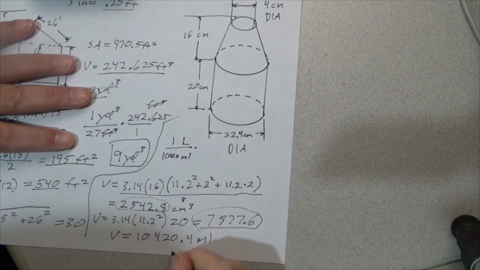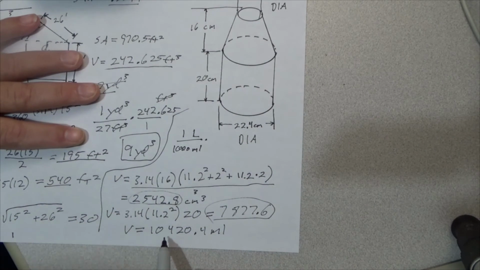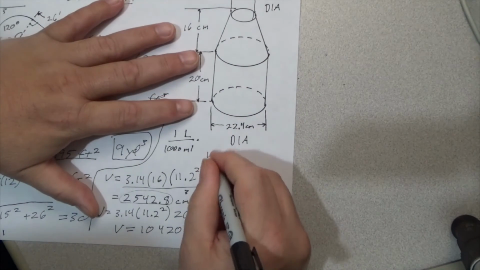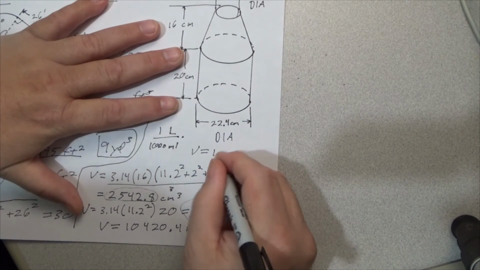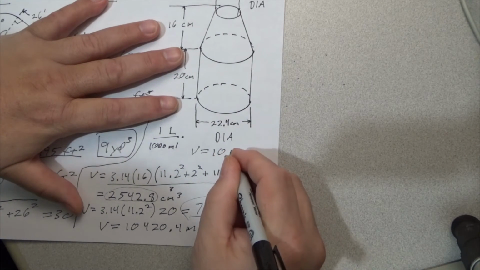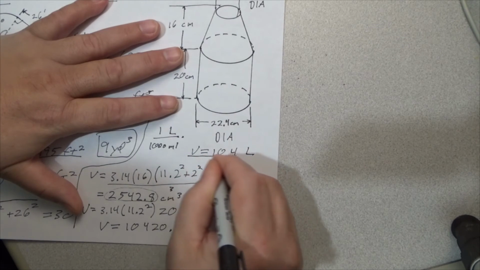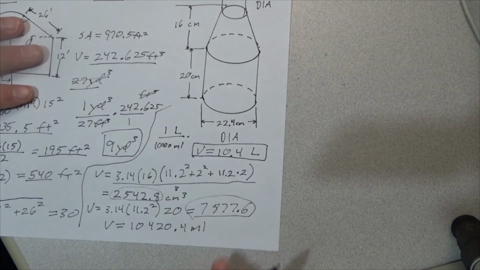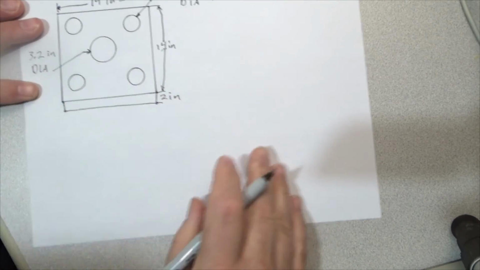Basically what I have to do is take this number and divide it by 1,000. So the volume of this figure is 10.4 liters. Just a little bit more than 5 2-liter bottles.